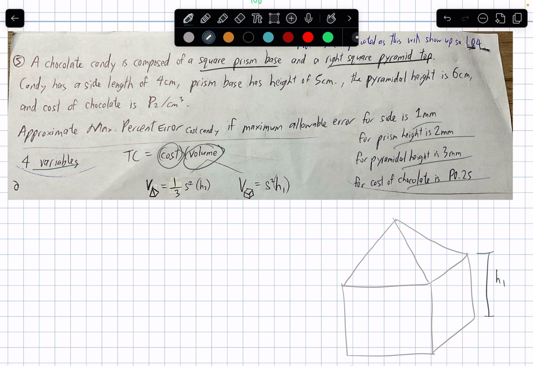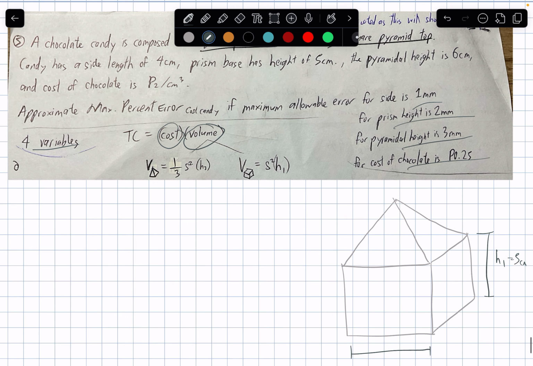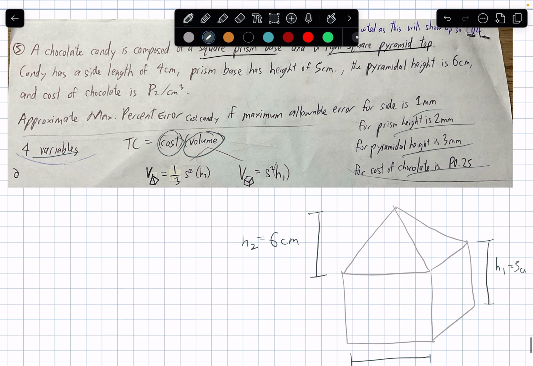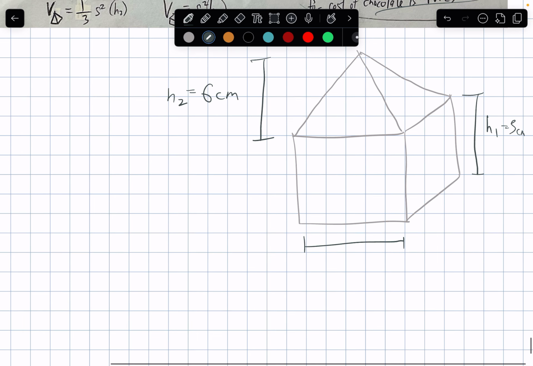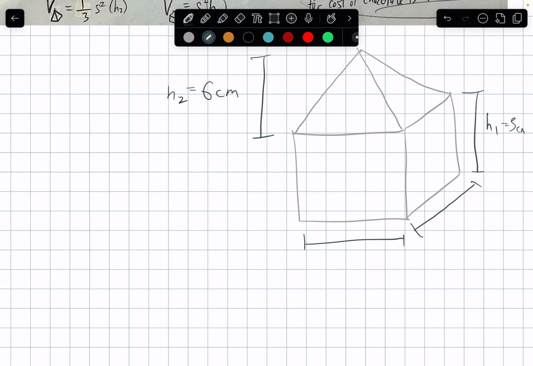That's the prism base's height, which is 5 cm. The pyramidal height is 6 cm. Let's call that H2. Side length of 4 cm, right? So it is suggested that both of these are the same value.